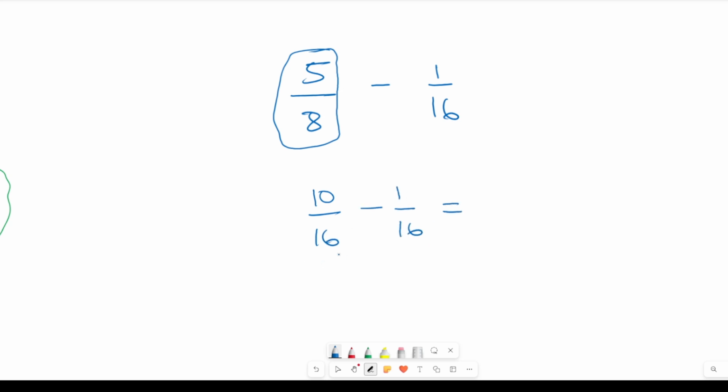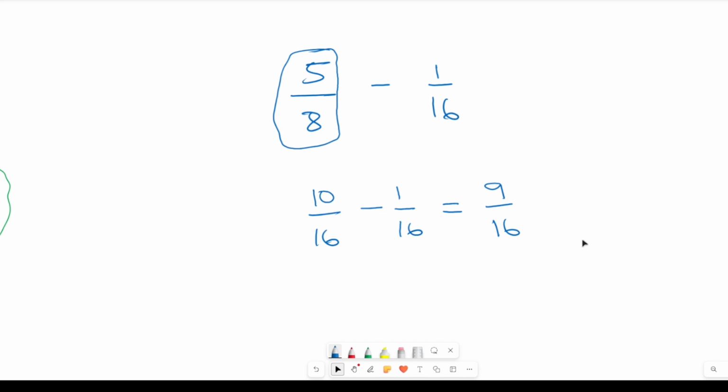Now that we have a common denominator for both fractions, I can carry the 16 over and do a simple arithmetic of 10 minus 1, which is 9. So I get my 9 over 16. So that is how you can use equivalent fractions to solve fractions.